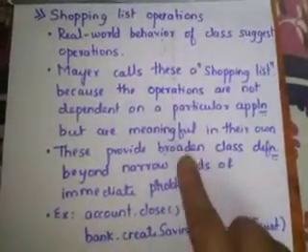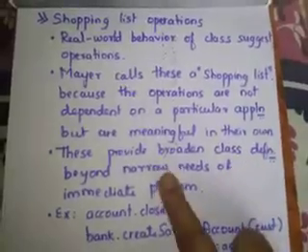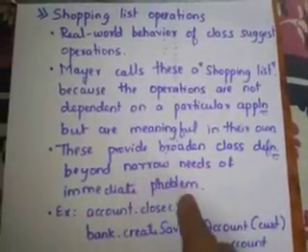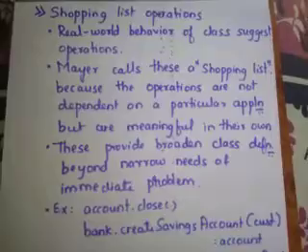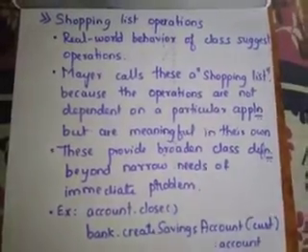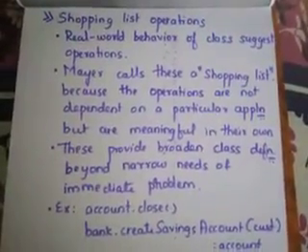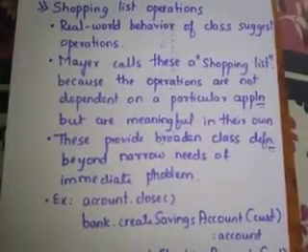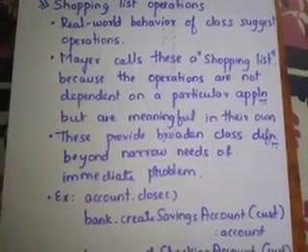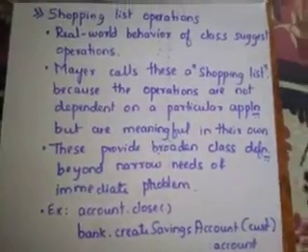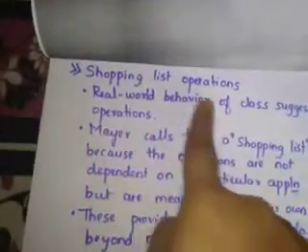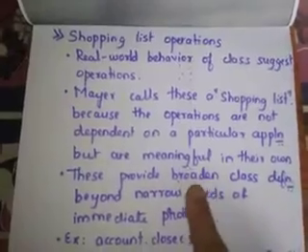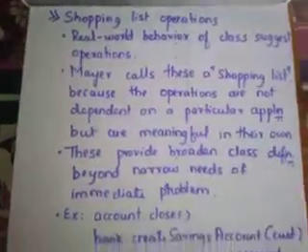These provide a broadened class definition beyond the narrow need of the immediate problem. So when we analyze the domain, we get a broader view of the class, not the narrow one. The class's operations are narrowed down when we actually implement them. So here, when we check the real world behavior, we get the broadened class definition.